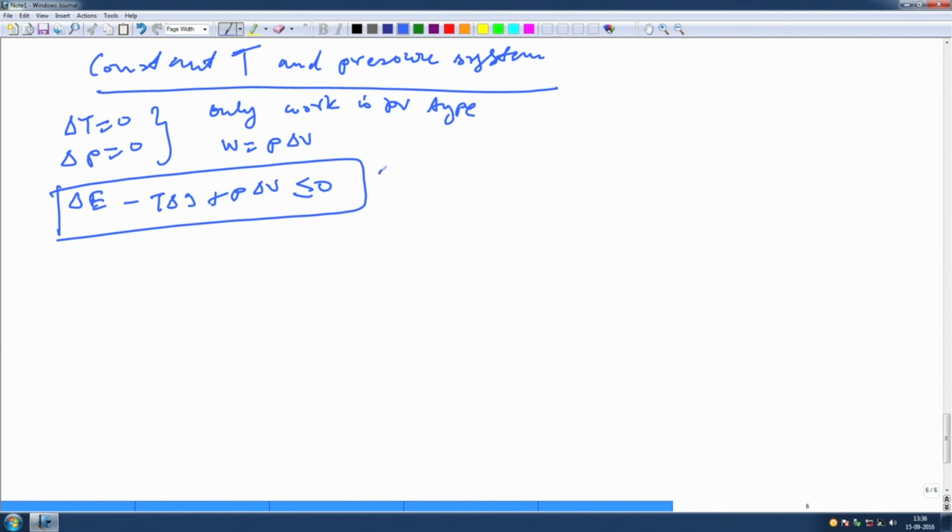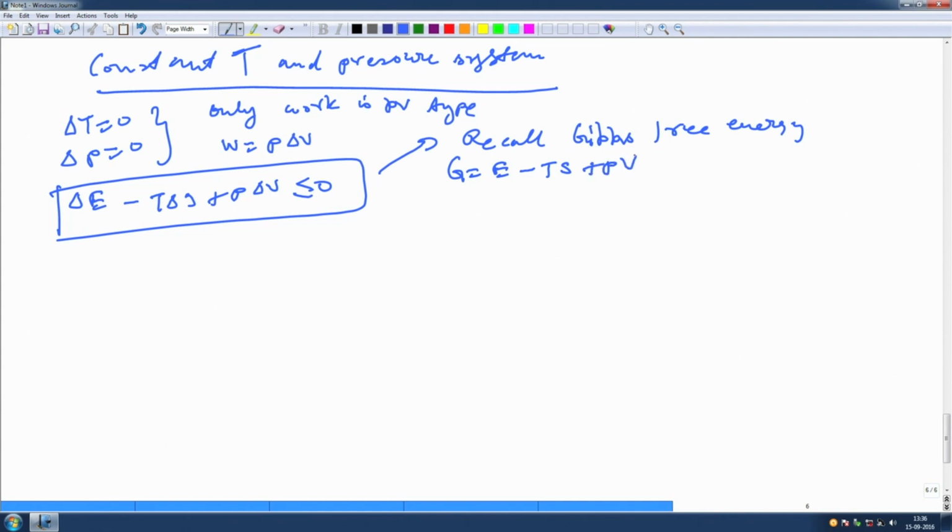Okay. Now, like you recalled Helmholtz free energy at that particular point, recall Gibbs free energy now. So, what is Gibbs free energy? G equal to E minus TS plus PV.